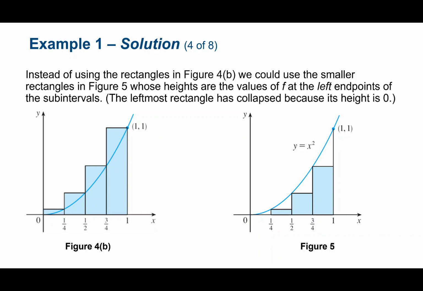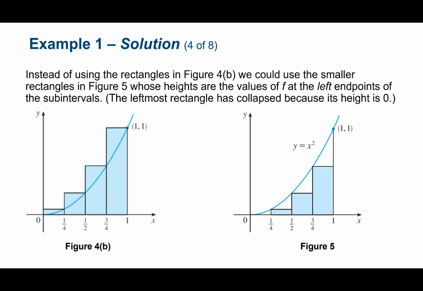But same process. Each one's 1/4 wide, and then to figure out how tall each rectangle is, we find f of the left endpoint. And so this one's 0 tall, 0 squared is 0. This one we would do 1/4 squared, and this one would do 1/2 squared.